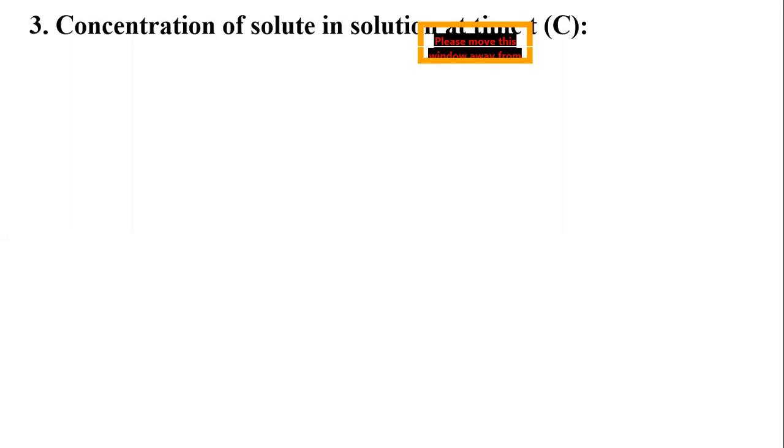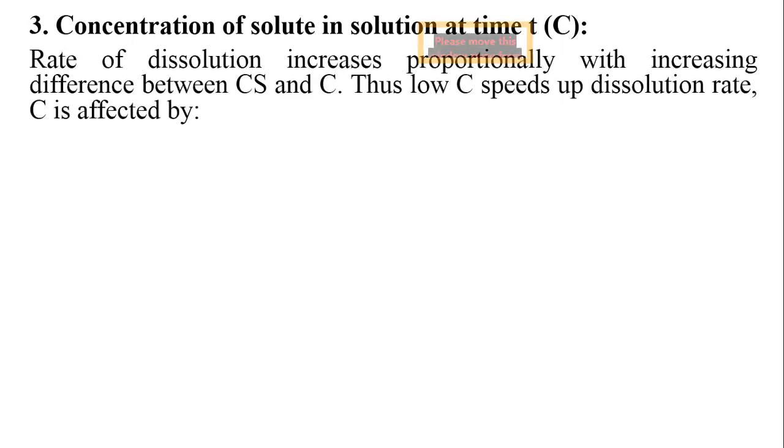The other factor that affects the rate of dissolution is the concentration of solute in solution at time t, represented by C. Rate of dissolution increases proportionally with increasing difference between CS and C. Thus, a low C value speeds up the dissolution rate. C is affected by the volume of dissolution medium.